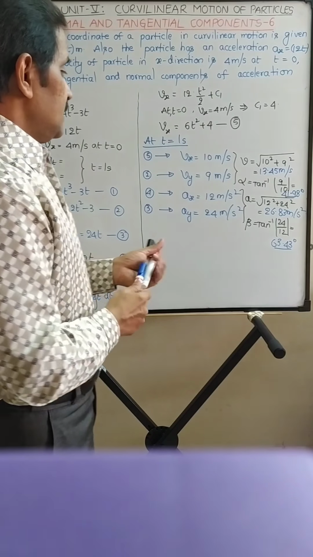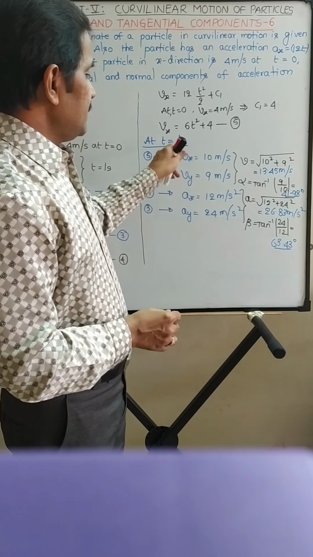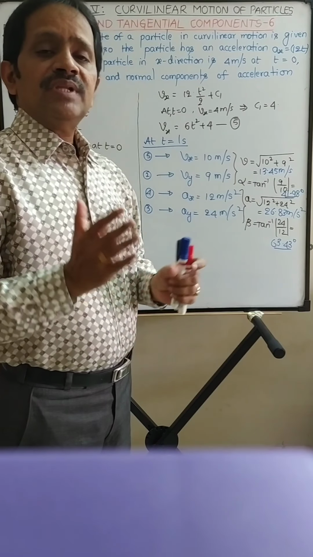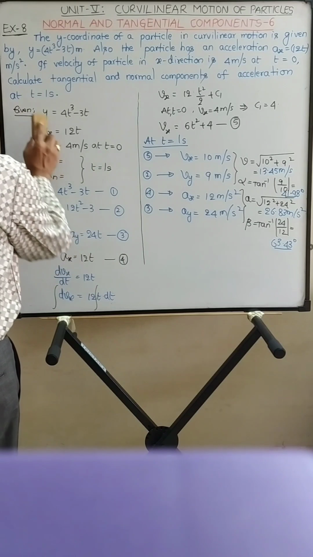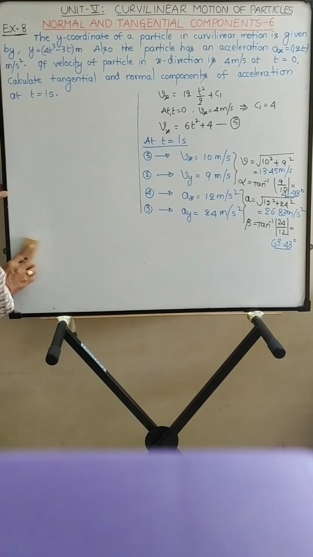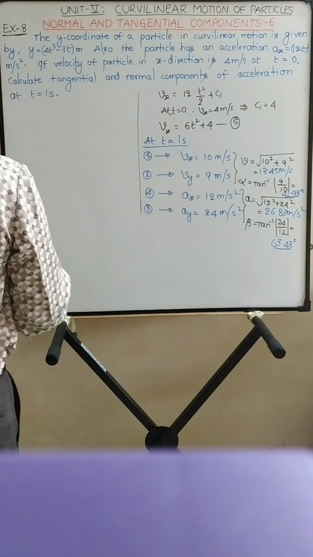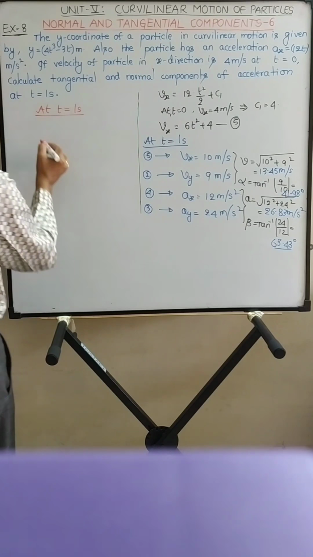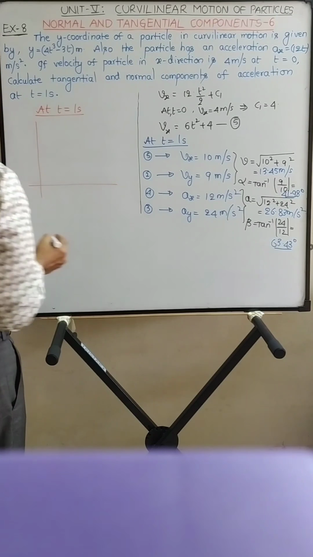Now we have the velocity and acceleration when t is equal to 1 second. Now that acceleration is to be resolved into two perpendicular components, one in the direction of velocity, which is nothing but the tangential component, and the other perpendicular to it, that is the normal component. So let us see. At t is equal to 1 second, velocity is in which quadrant?